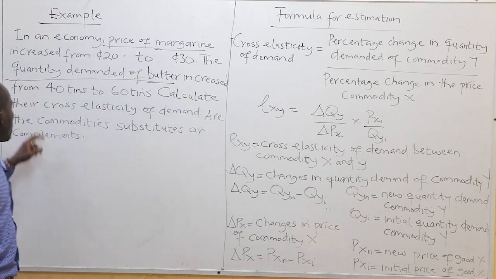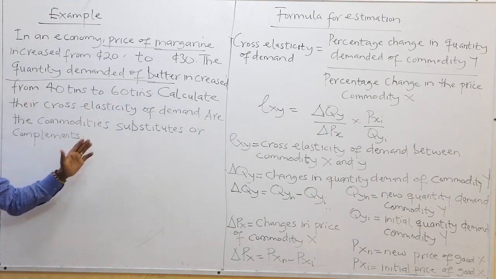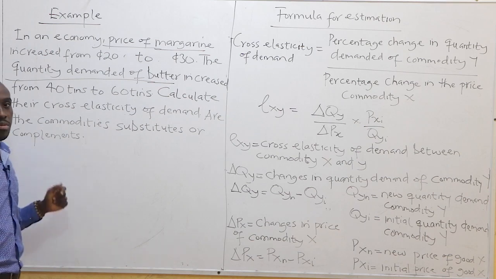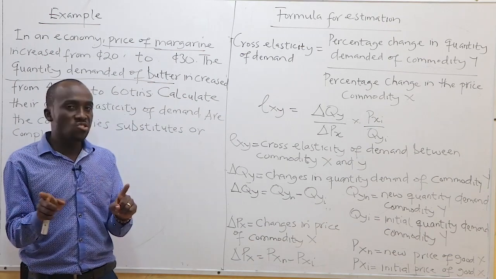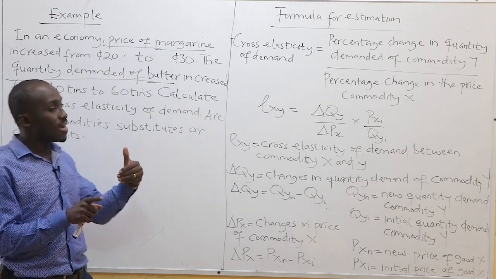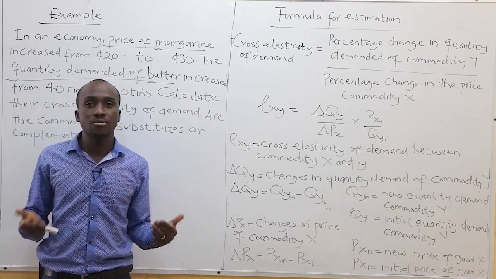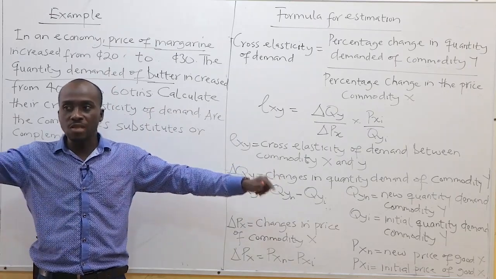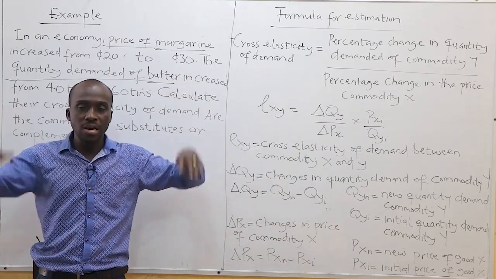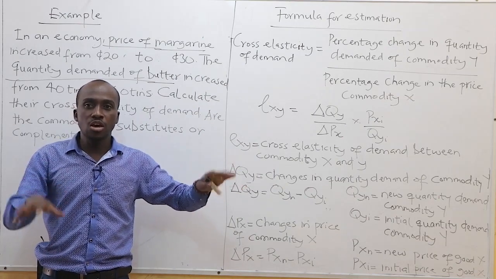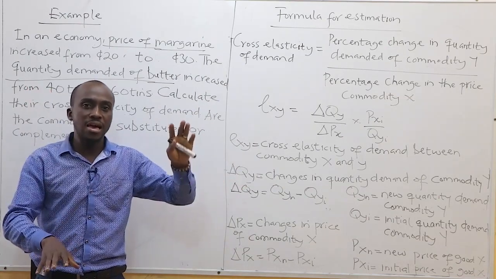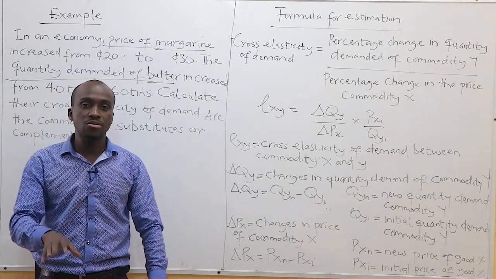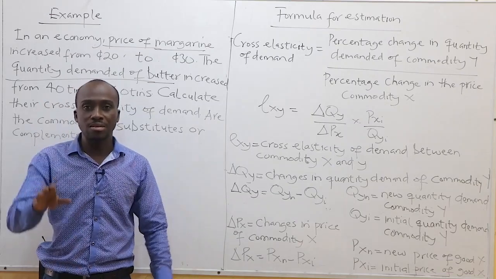Calculate their cross elasticity of demand, and are the commodities substitutes or complements? So we are looking at how the change in the price of margarine affected the quantity demanded of butter. Two products, margarine and butter. It tells you that it's cross, two separate products. If it's a price elasticity of demand, it will be the same product: the price of margarine and the quantity demanded of margarine, or the price of butter and the quantity demanded of butter. But this one is cross.